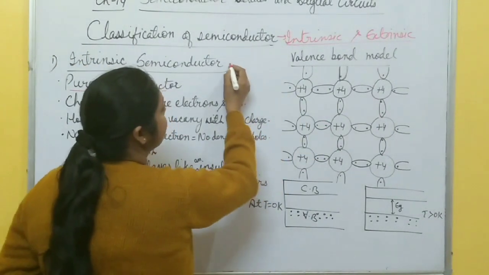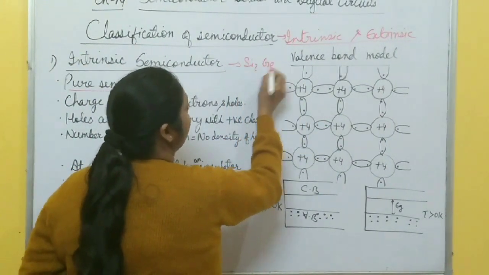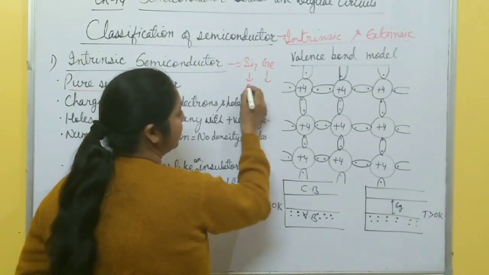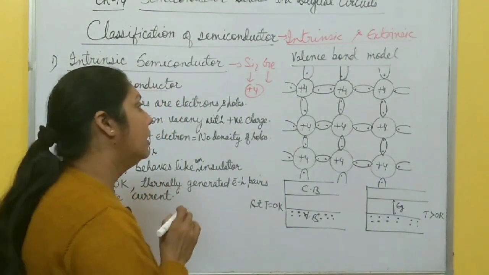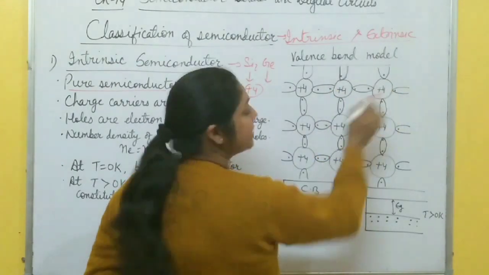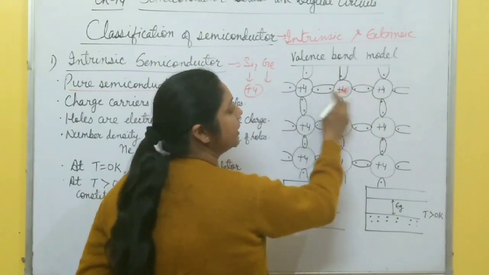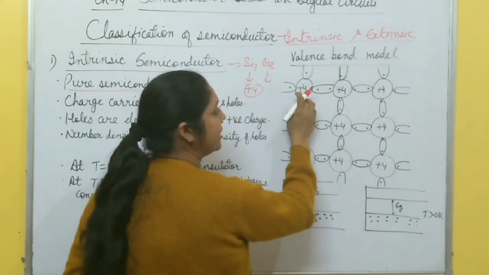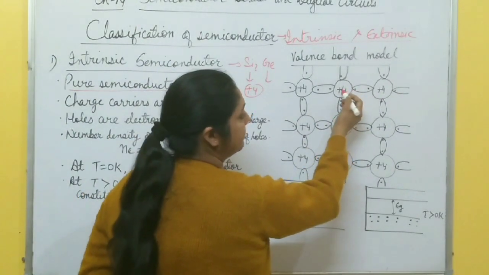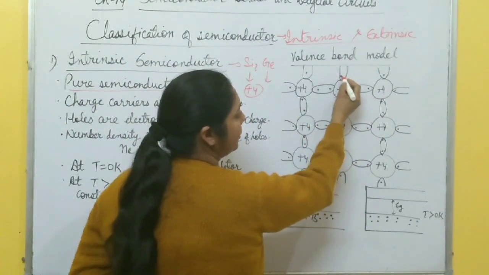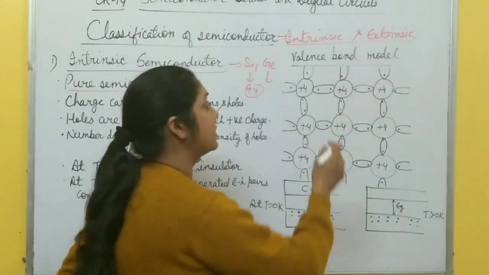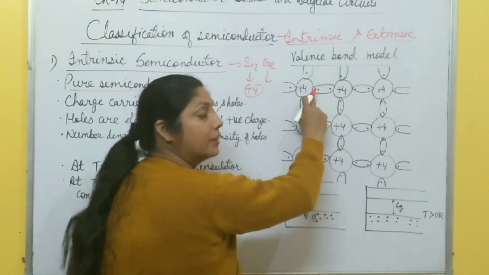For example, silicon and germanium, both intrinsic semiconductors, have 4 valence electrons in the outermost shell. Suppose there are a large number of silicon or germanium atoms, each with 4 valence electrons, and these silicon atoms form covalent bonds. There are only 4 valence electrons, but the silicon atom wants to be stable, so it becomes stable by sharing electrons with the neighboring silicon atoms.